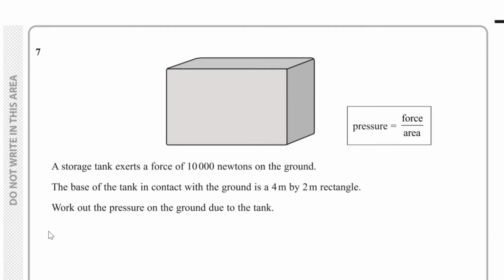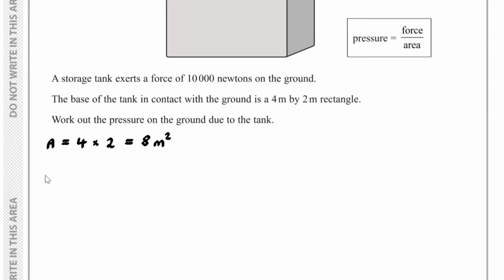If we work out the area, we'll call the area A. That's equal to 4 multiplied by 2. And 4 times by 2 is 8. The area is equal to 8 meters squared.